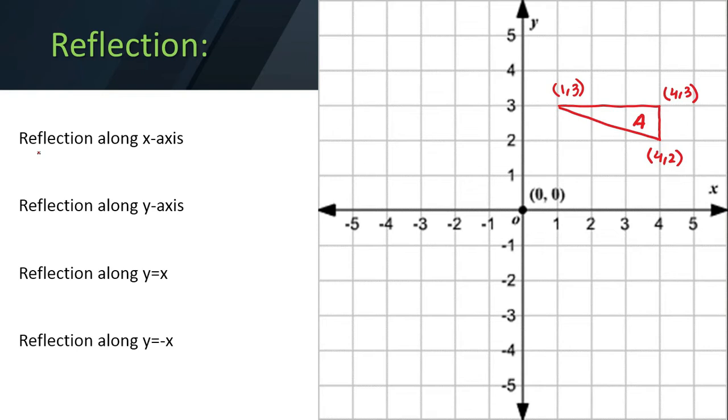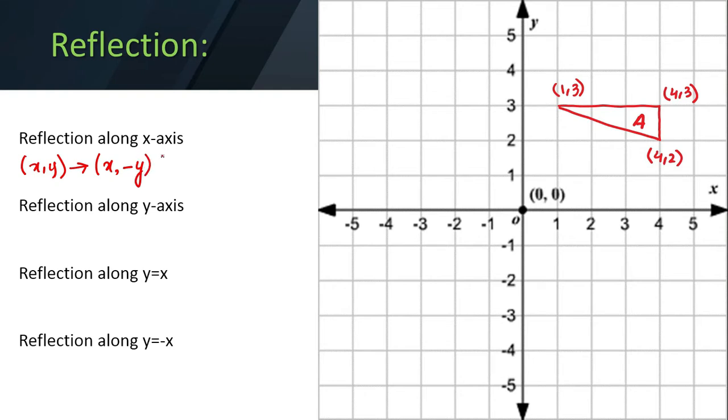Remember that when we have a coordinate (x, y) and we are reflecting this along the x-axis, then it will be on the opposite side of the x-axis, okay? And when we reflect this, the x coordinate will be the same, only we will have a change in the y coordinate with a negative sign.